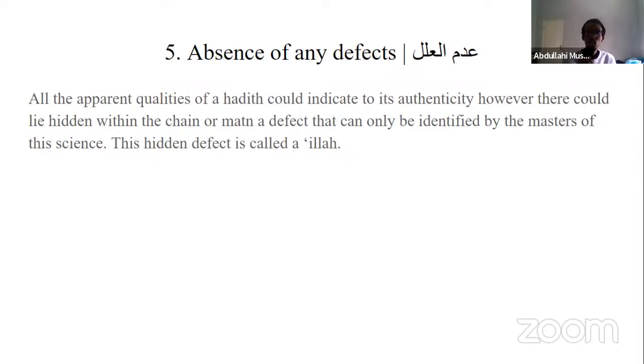In fact, Imam al-Nawawi mentions that it is even possible for one of these masters of ulum al-hadith to say that there's an illah in this hadith, but not be able to explain where the illah lies. It's almost like they have an instinct within them that indicates to them there's something wrong here, but they might not be able to explain it to you or to identify exactly where the defect lies.